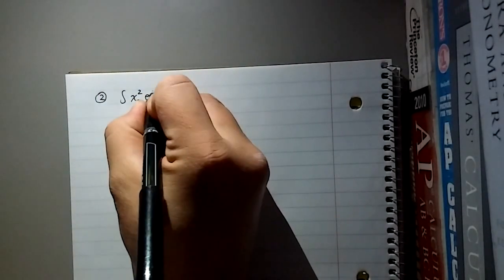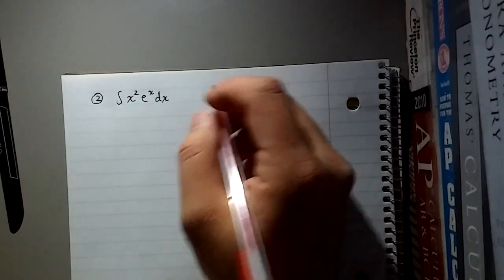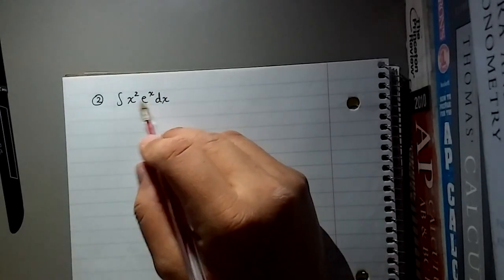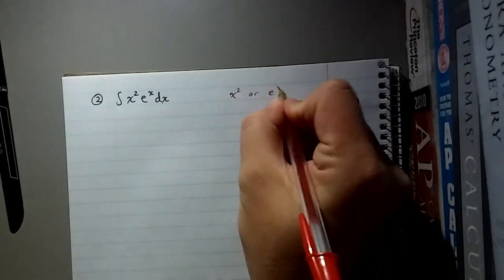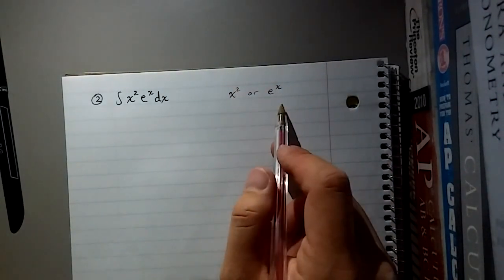What is the integral of x squared e to the x dx? Now, here's a trick you can do. Which one, x squared or e to the x, if I take the derivative multiple times, which one will go to 0?